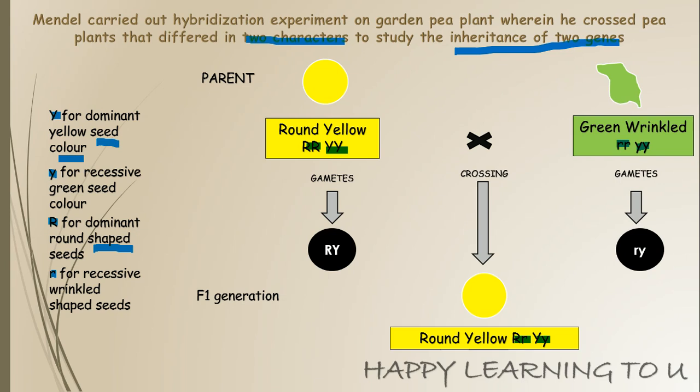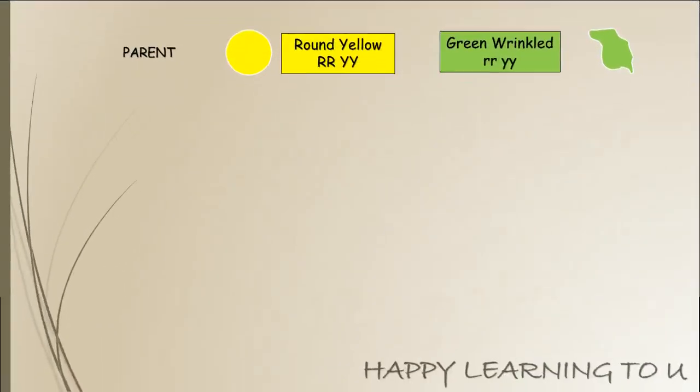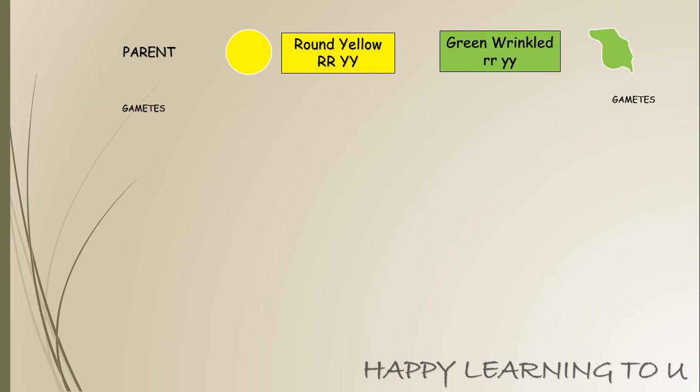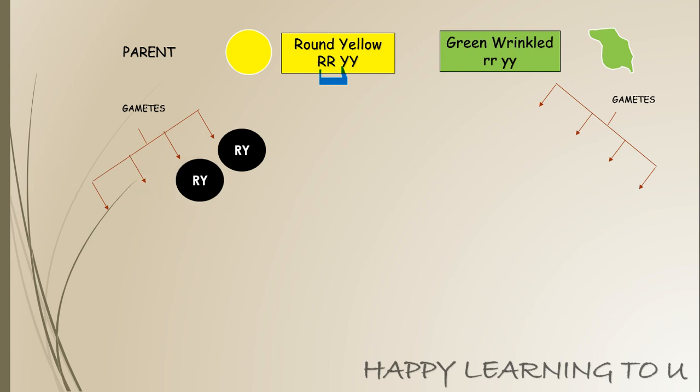Now, to arrive at this conclusion, I'll explain the whole experiment in detail. As you know, these are the two parents, round yellow and green wrinkled. The gametes for the round yellow are this R and this Y, RY capital.